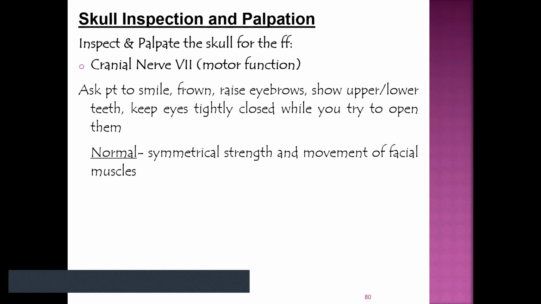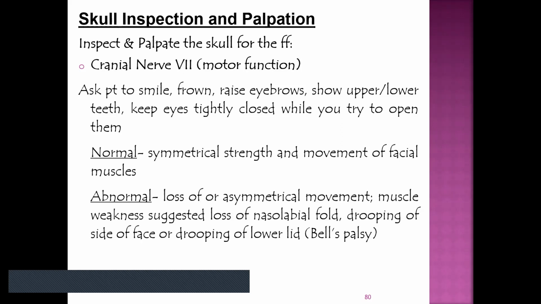So what is normal? Again, it is symmetrical in terms of strength and movement of the facial muscles. What is not normal is that it loses its symmetry, or one side has movement and the other has none, or vice versa.